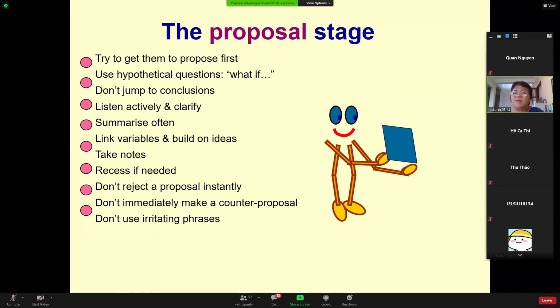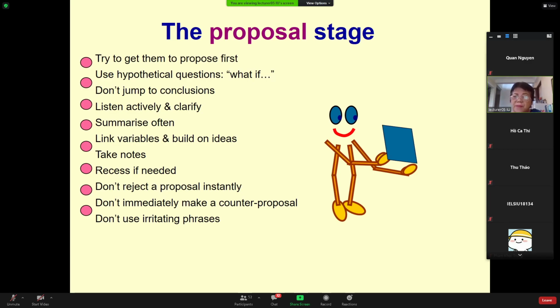And from their proposal, we use hypothetical questions. What if? What if? What can we do with that? Don't jump to conclusions, especially at the very beginning.